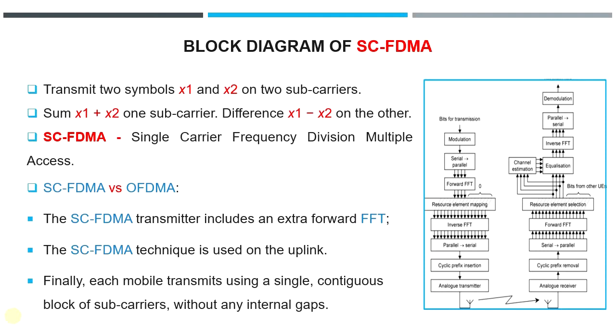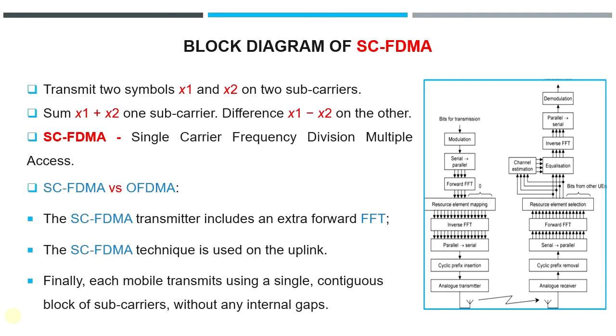For example, when transmitting two symbols x1 and x2 on two subcarriers, we might send their sum, x1 plus x2, on one subcarrier, and their difference, x1 minus x2, on the other subcarrier.